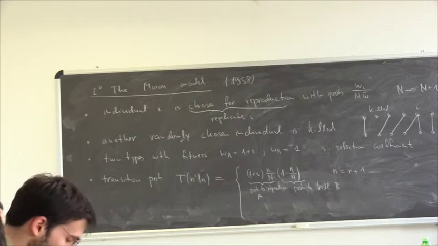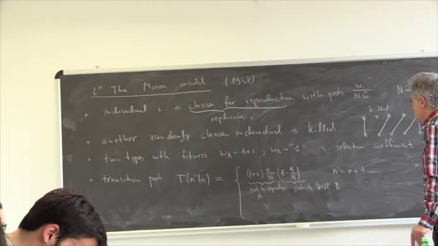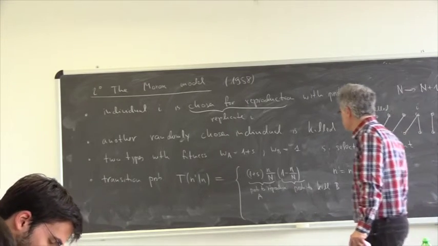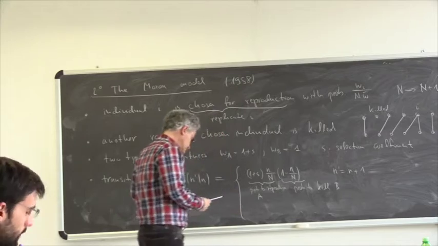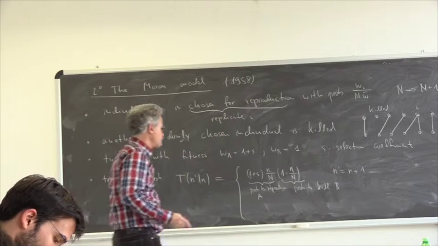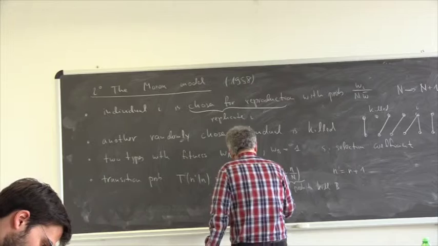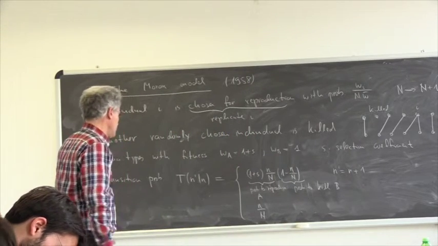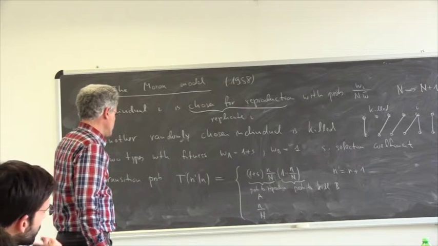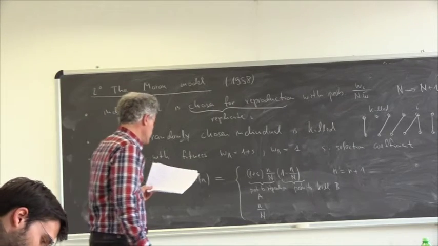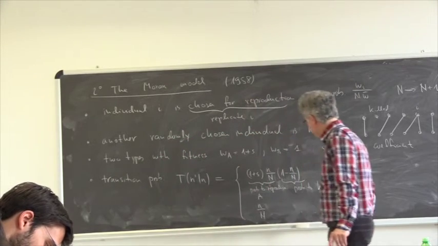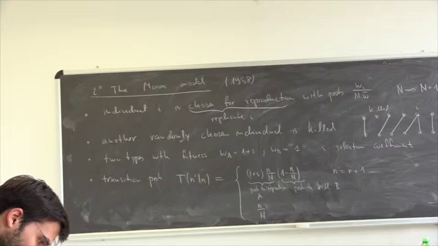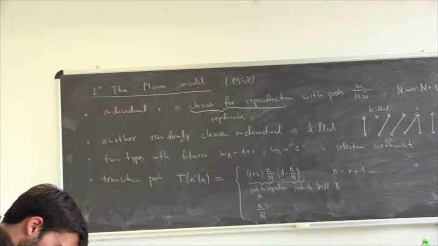Okay? On the other hand, if I want to reduce the number of A individuals, then I have to pick a B individual for reproduction, which happens with this probability. Sorry?